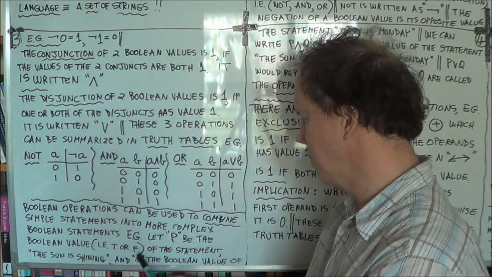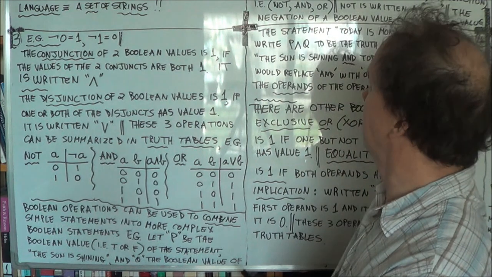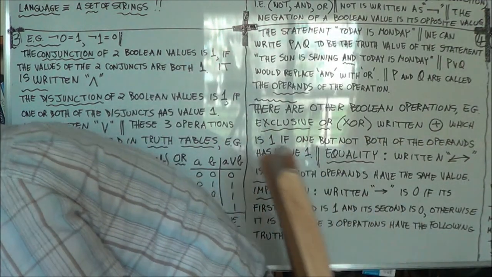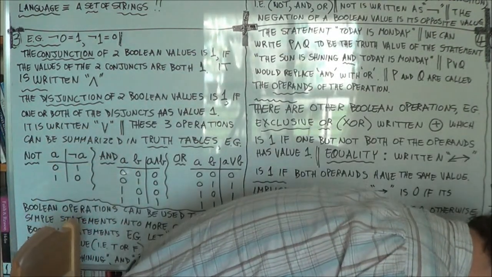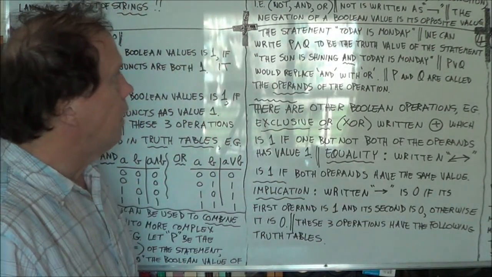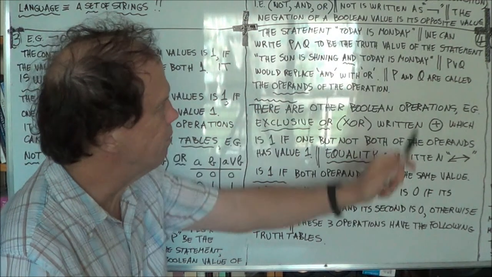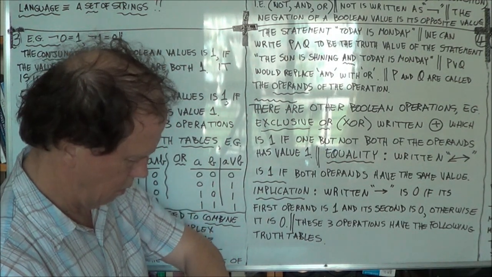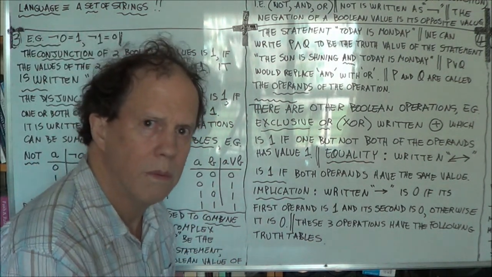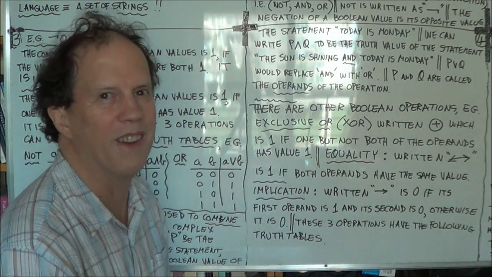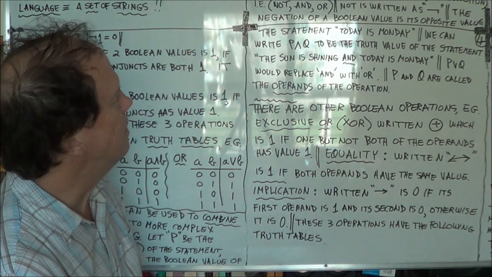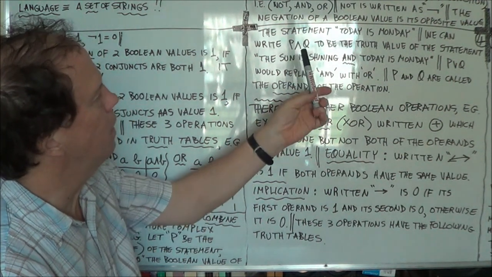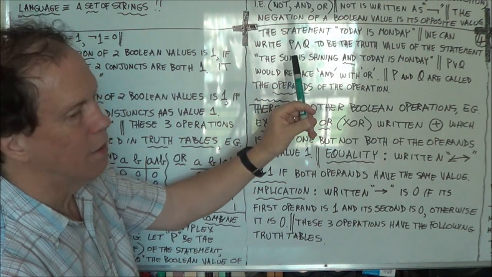So P is true or false about this statement, the sun is shining. And Q, that's the Boolean value of a different statement. For example, today is Monday. Well, it doesn't really matter. You could be watching this any day of the week. Now you can combine the two Boolean values.